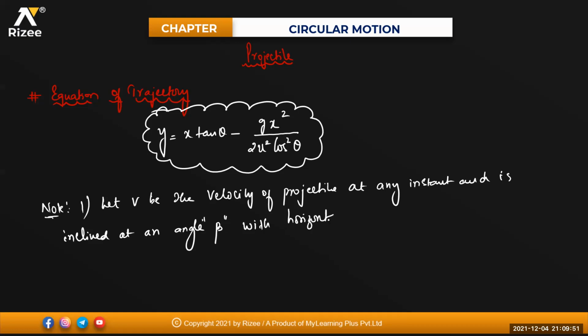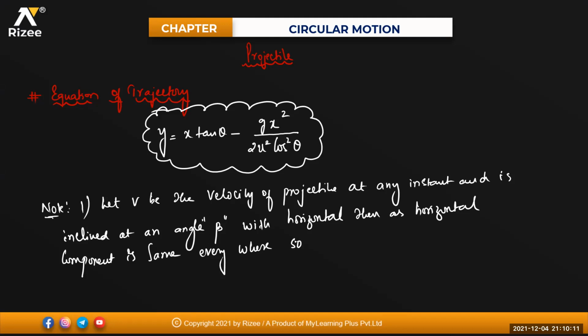In projectile motion, you know that the horizontal component is always the same everywhere.